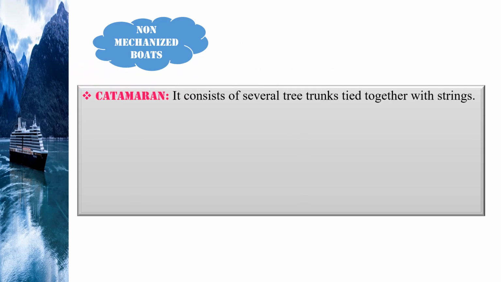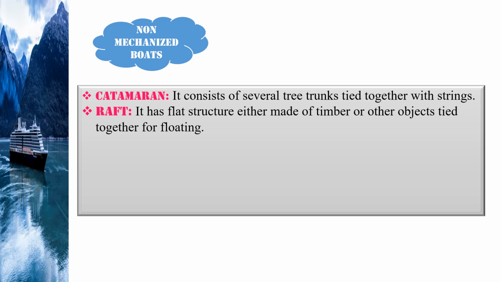A traditional boat made of wooden logs tied together by ropes is known as catamaran. A flat structure having pieces of wood tied together for floating purposes is known as raft.